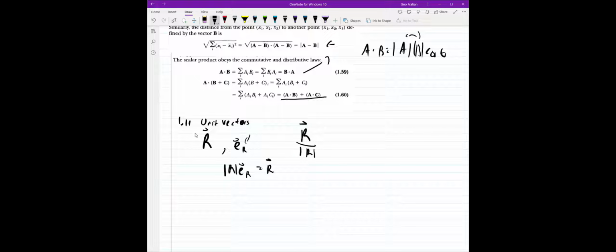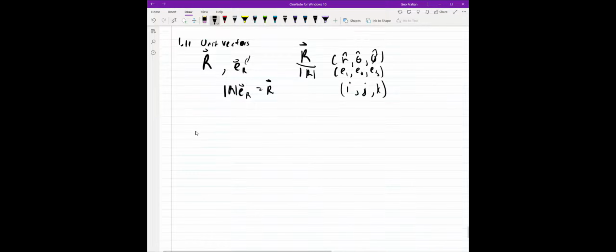Okay, so the most common ones are i, j, k, you might have seen it in physics or engineering classes, e1, e2, e3, or r hat, theta hat, phi hat, which is what happens when we go to polar coordinates.